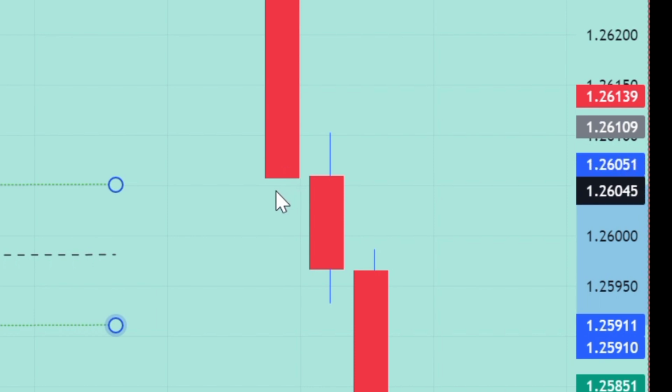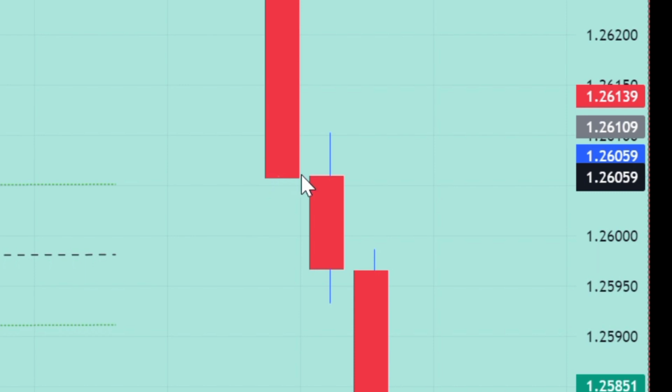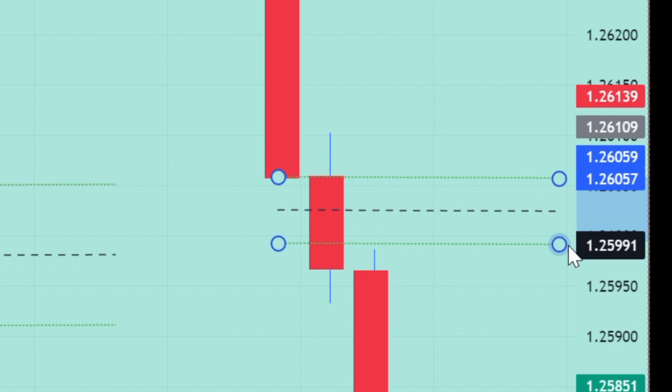If you notice, on my third representation our first candle in the three candle formation does not have a wick at the bottom, but it has a wick at the top. That is what I am telling you: a fair value gap is an imbalance existing in the bodies of the candles or the wicks. So over here you still draw your fair value gap from this point where the body started, as long as you want, down to this third candle's wick.